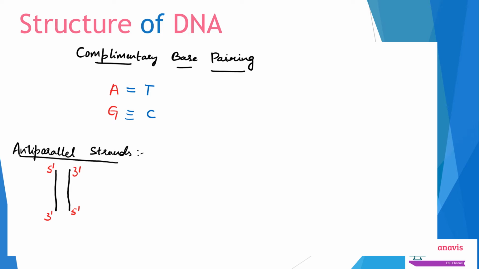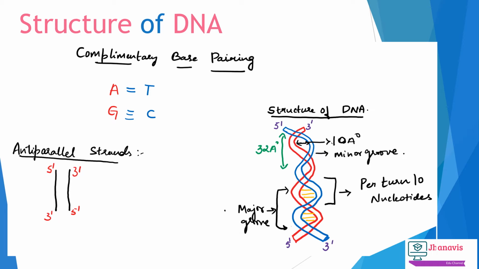Next thing is about the structure of the DNA. I have shown in the diagram, you can see one strand, the blue color strand, is running from 5' to 3' end, whereas the red color strand is running from 3' to 5' end.